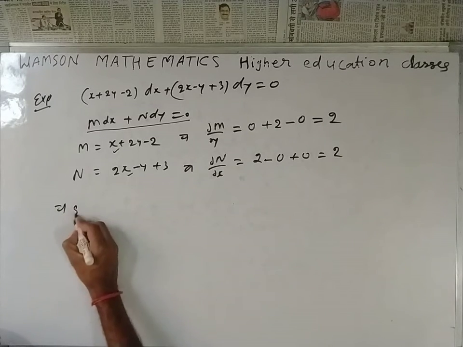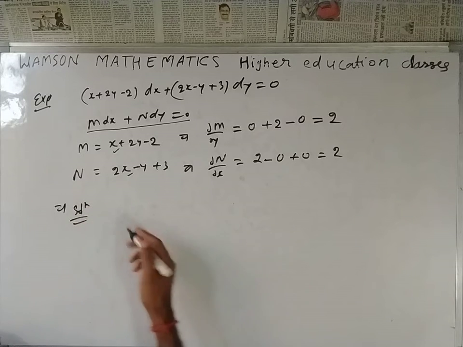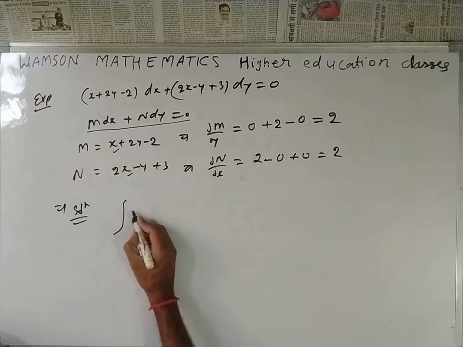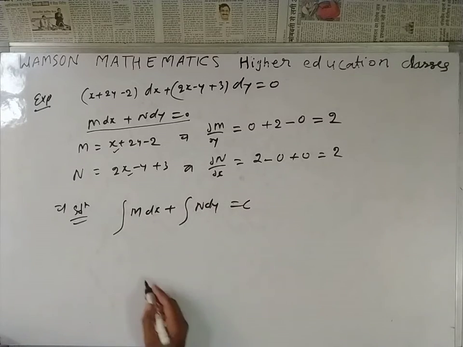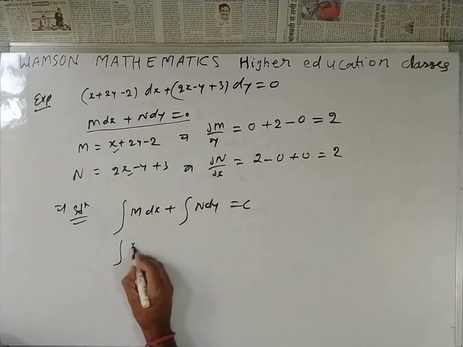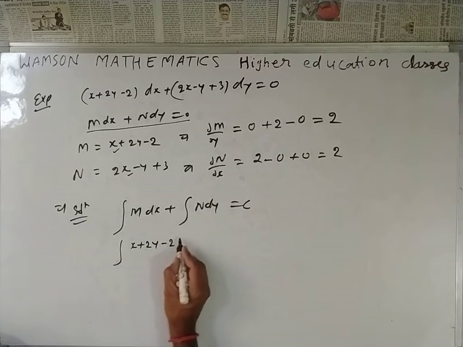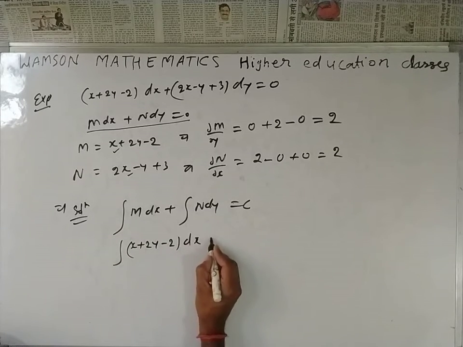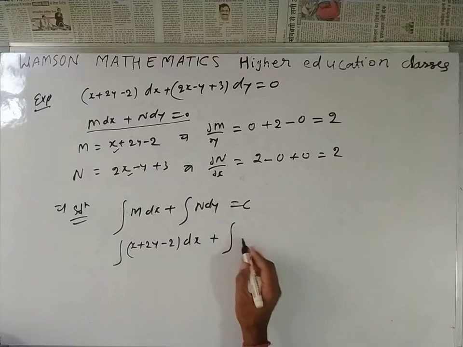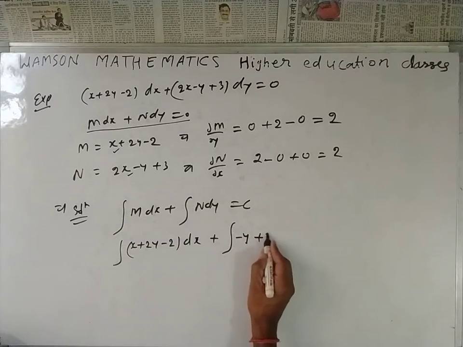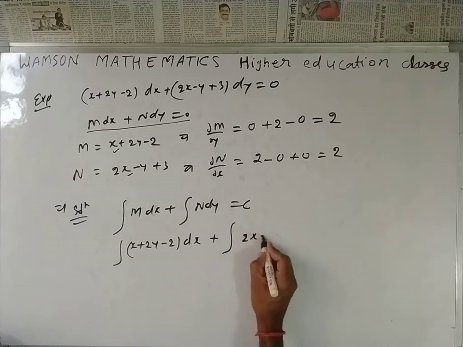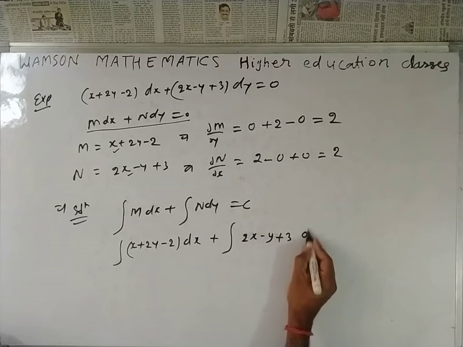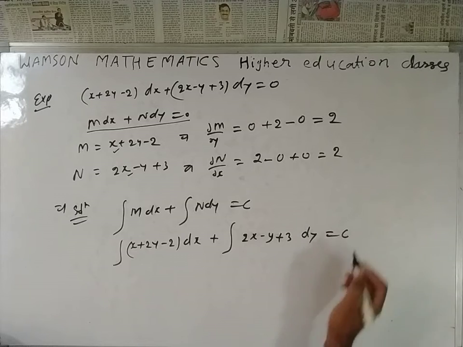Then the solution, by definition: the integral of M dx plus the integral of N dy is equal to constant. Here M is x plus 2y minus 2 dx, plus, in N taking only terms not containing x, so remove 2x, what is left is minus y plus 3, dy, is equal to c.